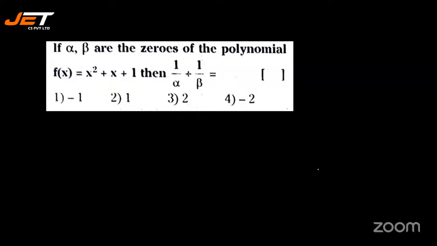If alpha comma beta are the zeros of the polynomial f of x is equal to x square plus x plus 1, then 1 by alpha plus 1 by beta. Yes, hope you would have got the answer. It is 2. Right. See the next question.